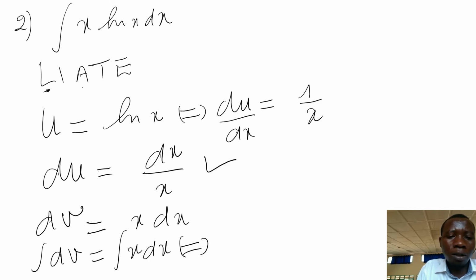From here, the integral of dv is v, and the integration of x dx is x squared over 2. Let's continue. v is equal to x squared over 2.